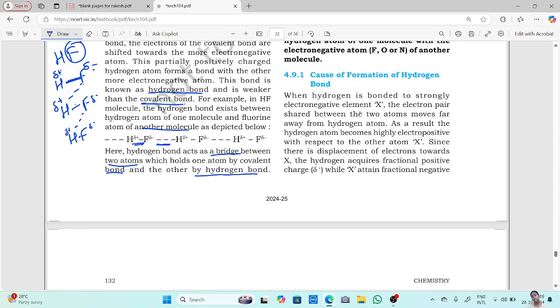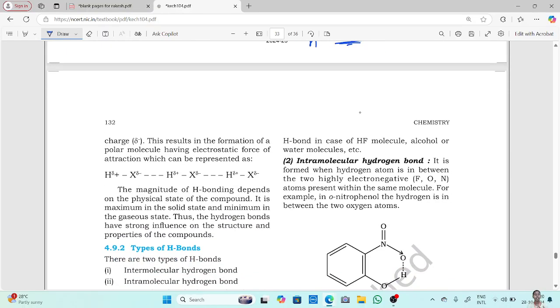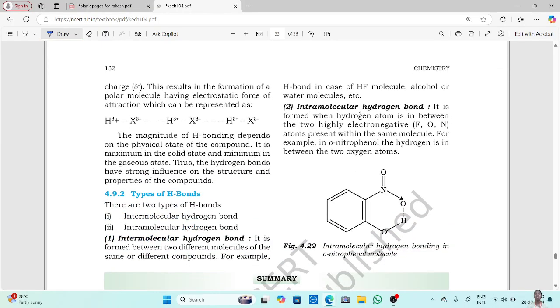Since there is an electron shift towards the highly electronegative atom, hydrogen becomes highly electropositive and attains a partial positive charge, while the electronegative atom X, for example fluorine, will attain a fractional negative charge.